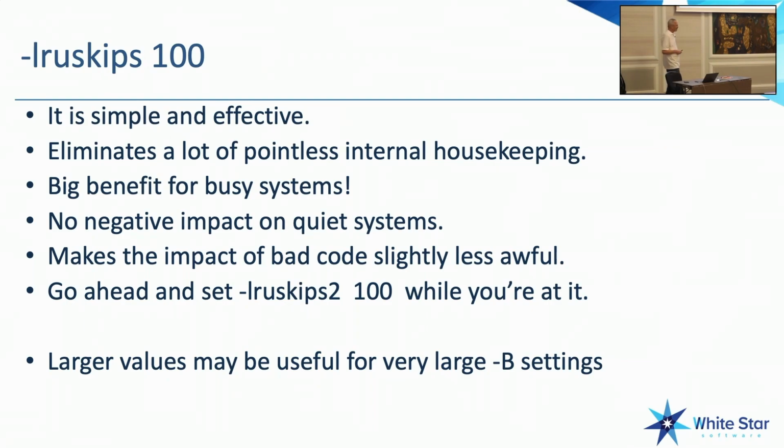However, if you have a very large -B like we were talking about earlier, you might want to consider some slightly higher values. You don't want to scale it linearly. You don't want to say, oh wow, I'm using a -B of 1 million, so 10 million would be 10 times higher. But turn the knob up slowly but surely.